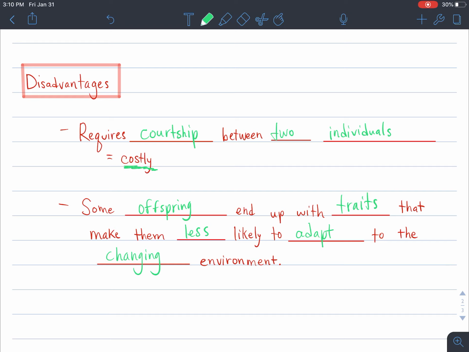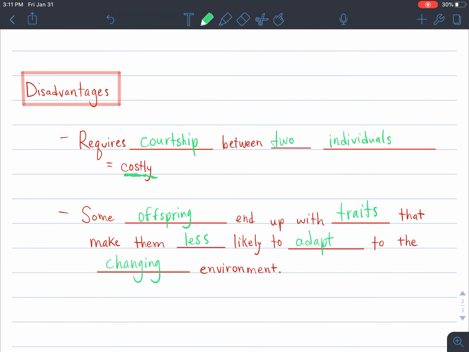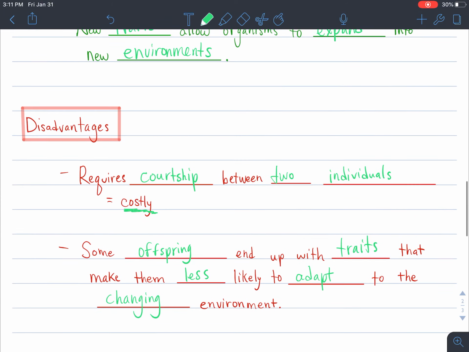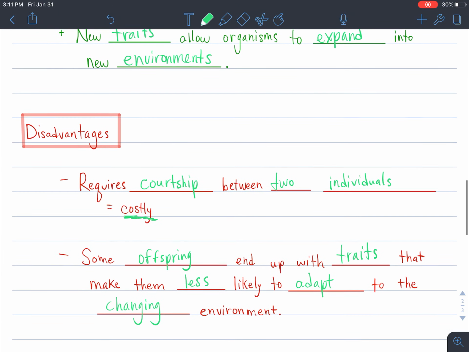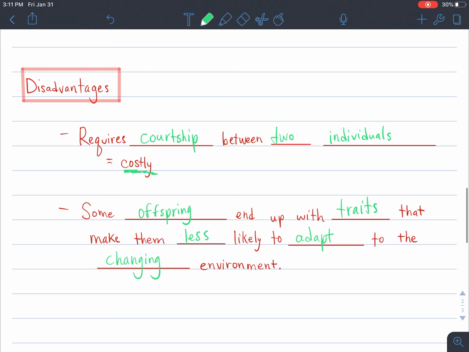For example, if there was an albino black bear that was born, well, the blackness of a black bear's fur definitely helps it blend into its environment. But if it were albino, then it would stick out like a sore thumb. It would be a white bear in a forest environment, so it would not be advantageous, and that would be unfortunate. So there are advantages and disadvantages of sexual reproduction, just like there are in asexual reproduction as well.